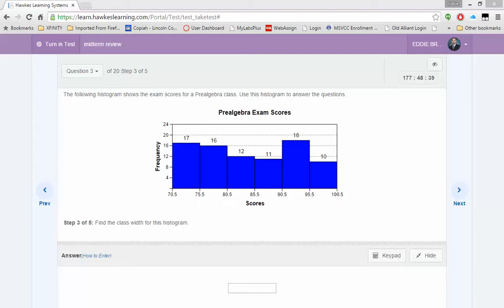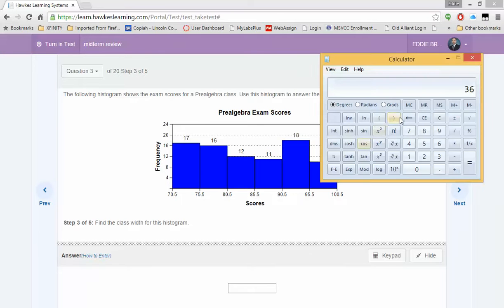So if I said 75.5 minus 70.5 or 80.5 minus 75.5, you should get the same answer for all of those. So you can pick any two continuous. I'll just pick the first two, and I'll say 75.5 minus 70.5, and here's the class width, 5. Alright.